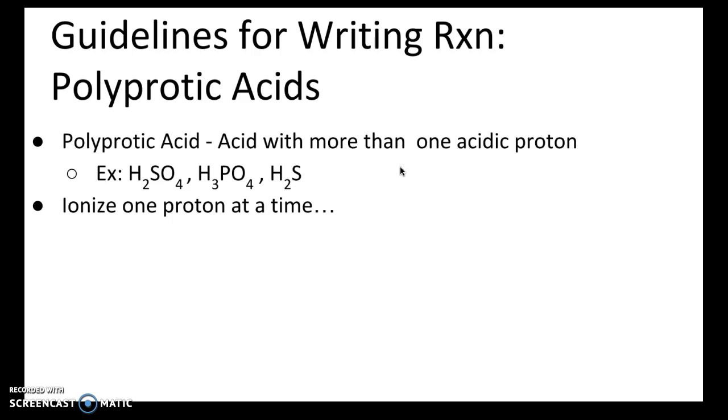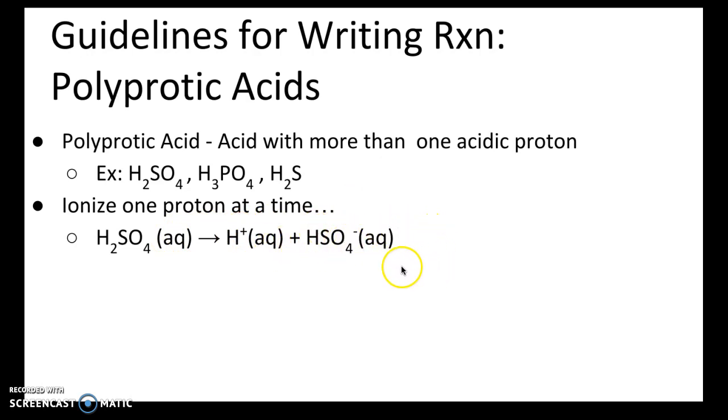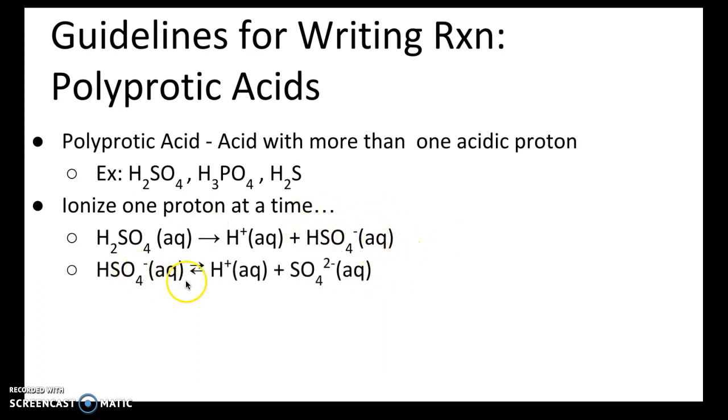If you take something like H2SO4, which is actually a strong acid, it's going to break apart into H plus and HSO4 minus. And then its HSO4 minus product, which is a weak acid, is going to then break apart into H plus and SO4 2 minus. So this occurs in two steps because there are two acidic protons.